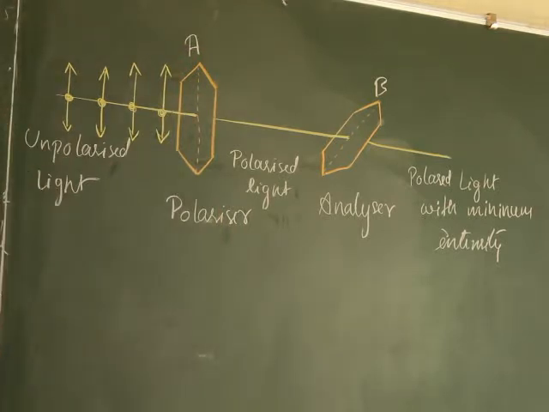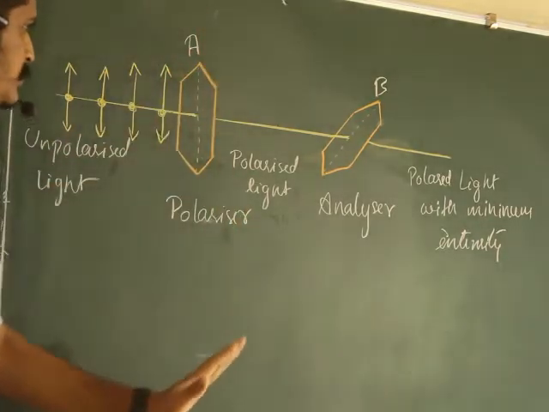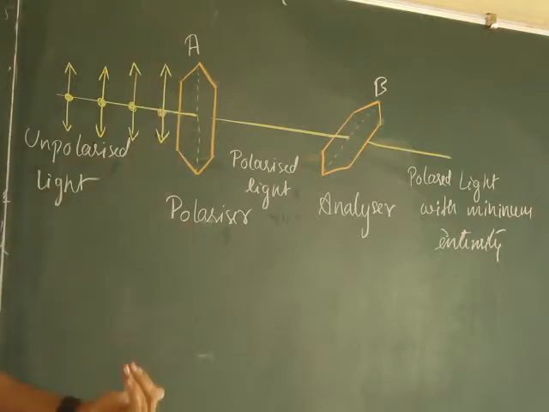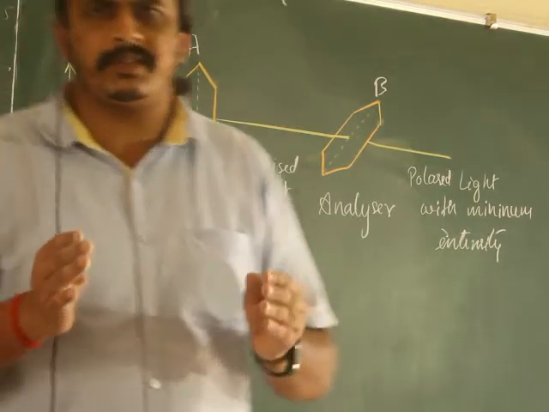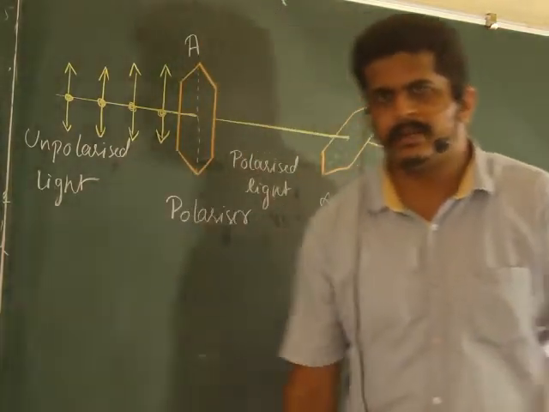vibrations. Once it enters the polarizer, you can see the axis of polarization. It is vertical. That means it passes only vertical vibration and restricts the horizontal vibrations.